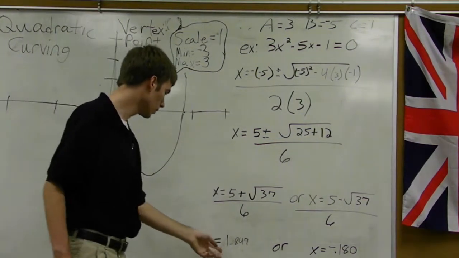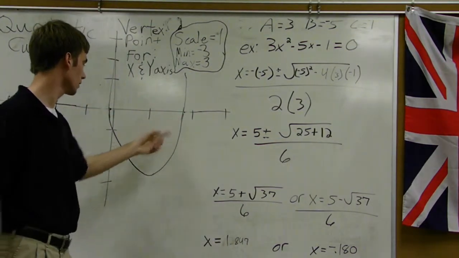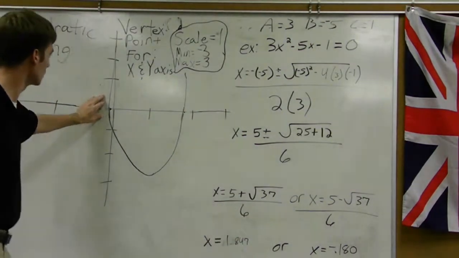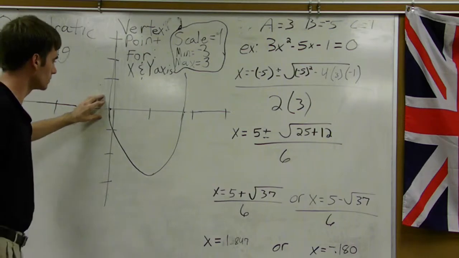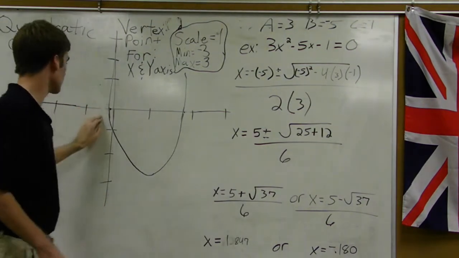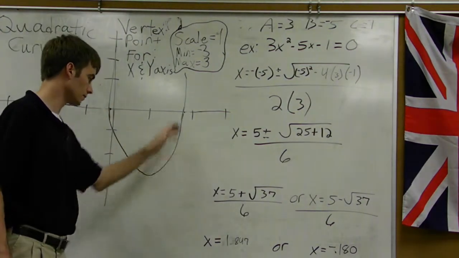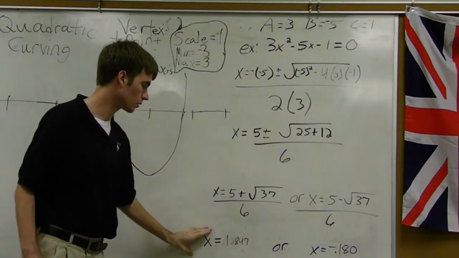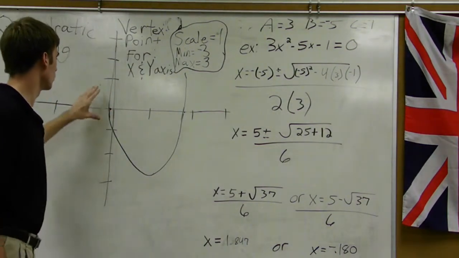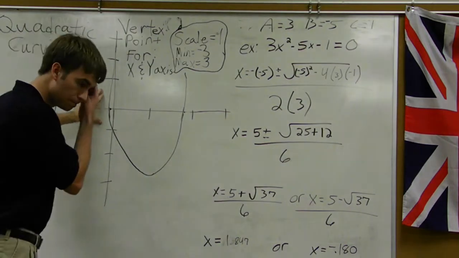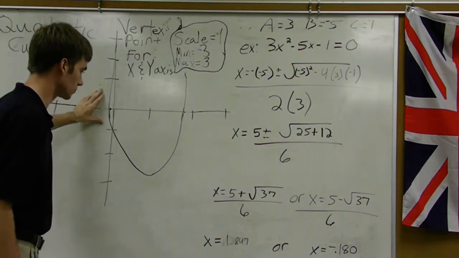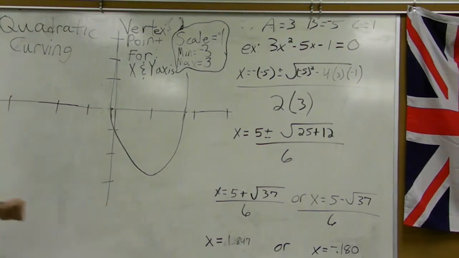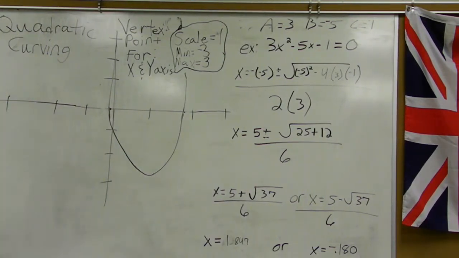From here you can see 1.847 is right here and -0.180 is right here. When you do quadratic curving, you're going to need to draw a curved line symbolizing your solutions. Once you do this, you have your solutions graphed onto the coordinate plane. This is quadratic curving.